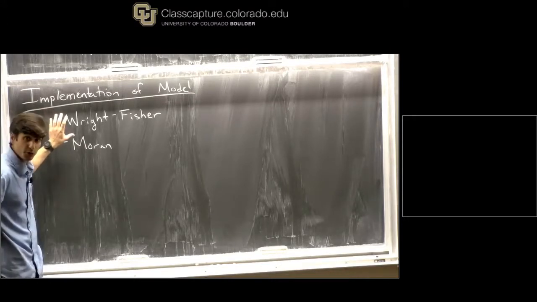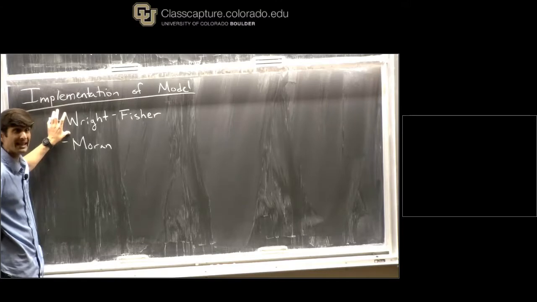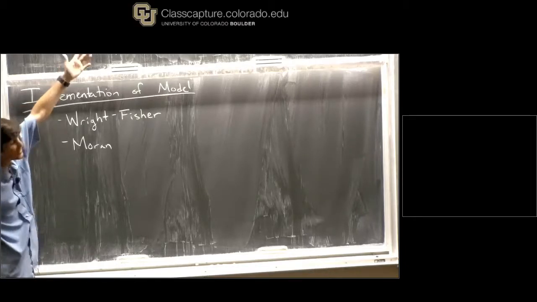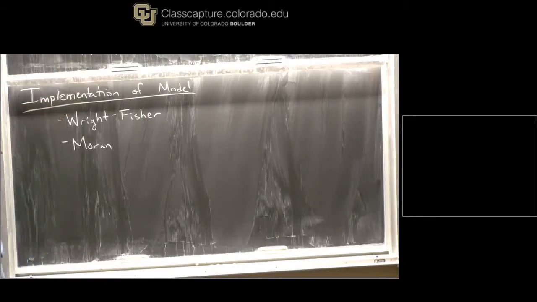So the Wright-Fisher model, okay, assumes that generations are discrete. So the idea is that we have some population of some size n, and each generation everybody dies, and then we pick some new population also of size n. The way we pick it is like drawing balls out of a bag with replacement.